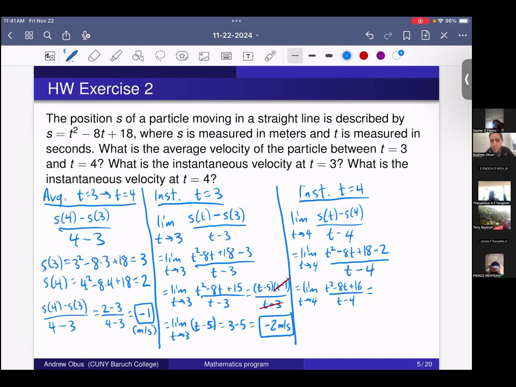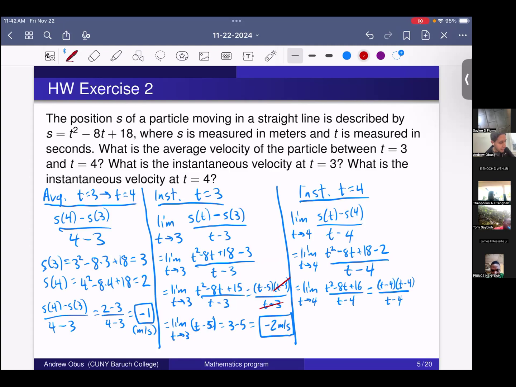And again, we have to do a factoring. So how does t squared minus 8t plus 16 factor? Yes, Prince, yeah. We use -4 and -4. Exactly, right. So t minus 4 and t minus 4 over t minus 4.